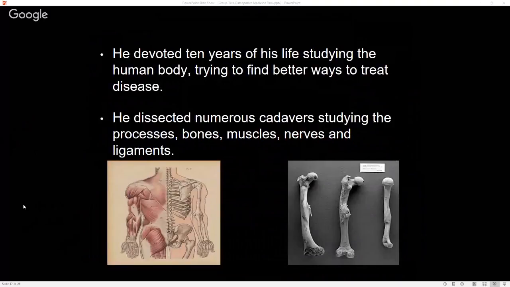He devoted 10 years of his life studying the human body, trying to find better ways to treat the diseases. He dissected multiple cadavers, looking at the bones and the muscle structures and the nerves, and trying to figure out how things work together. He described the bones as levers to manipulate the body, to open up the neural processes so that the body could heal itself.